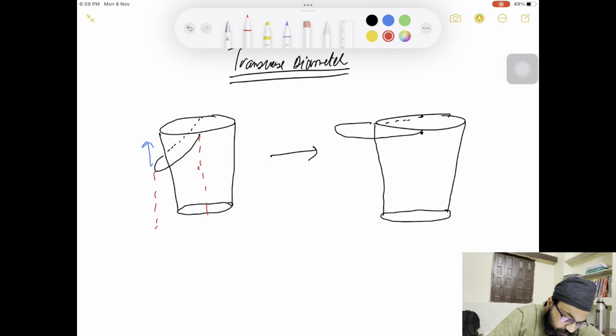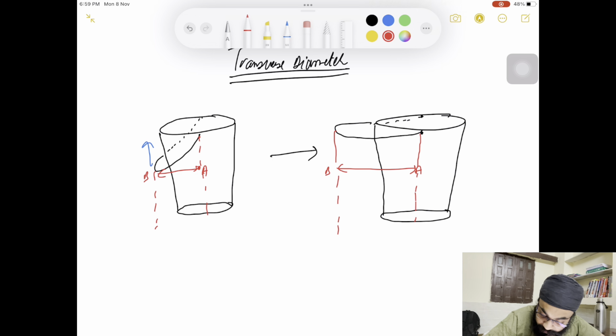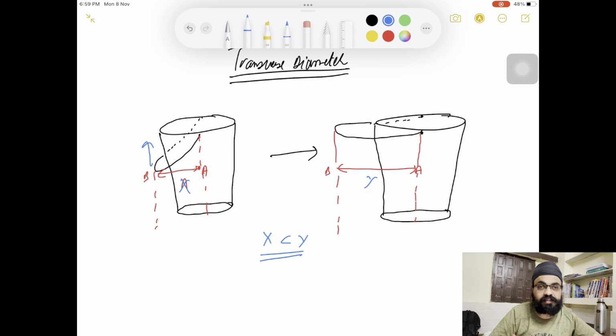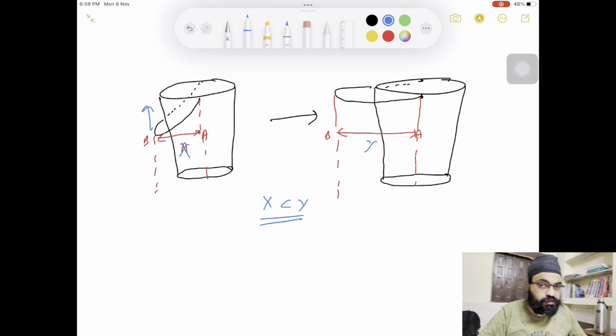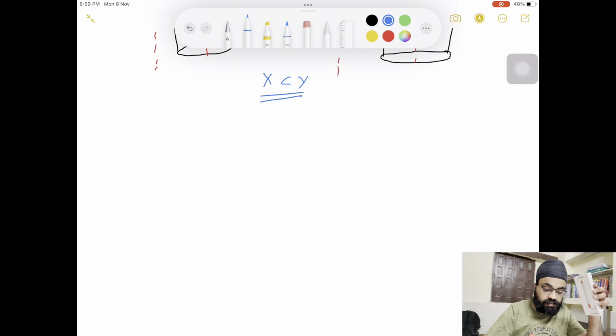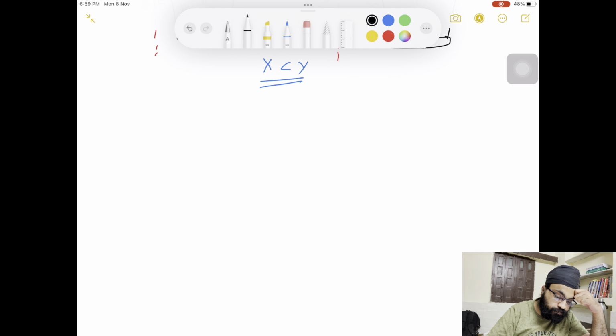If I draw two parallels, the distance between point A and point B, and over here if I draw the two parallels again, the distance between these 2 points, let me take them as X and Y. You can easily understand that Y is more than X, and that's the concept of increasing the transverse diameter, because our ribs are obliquely placed, just like the handle of the bucket.